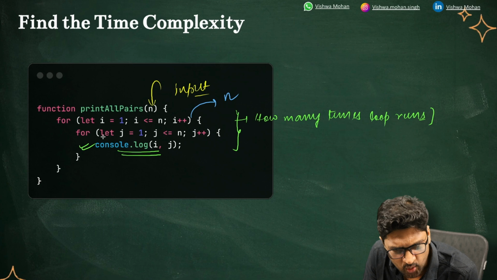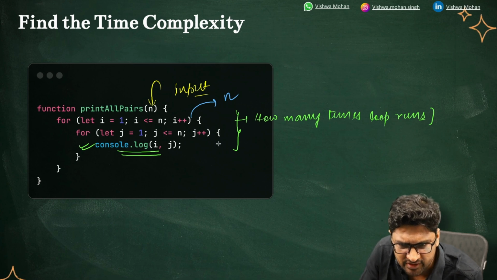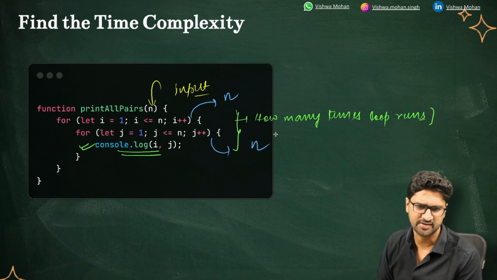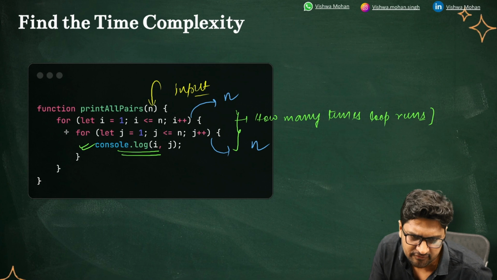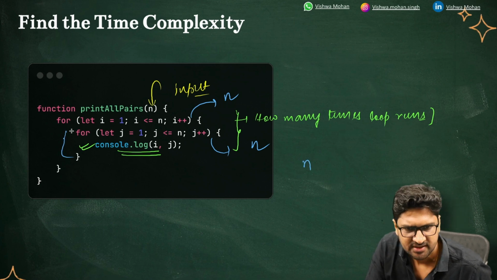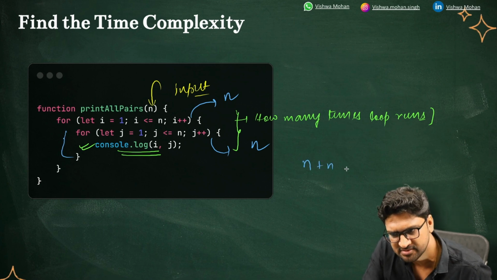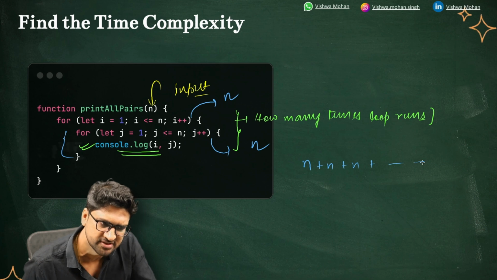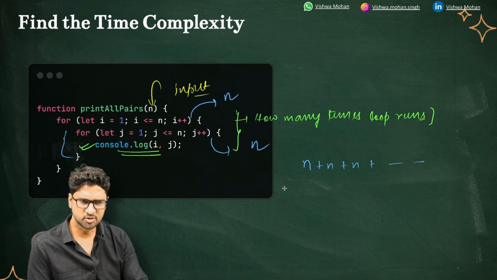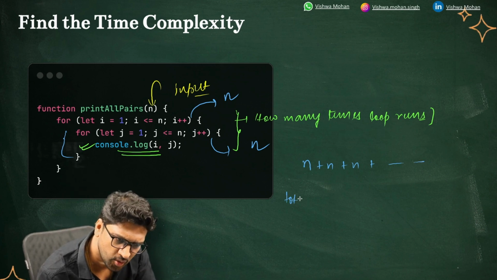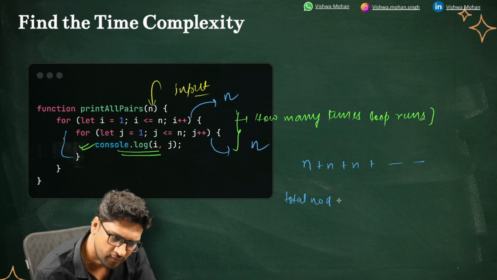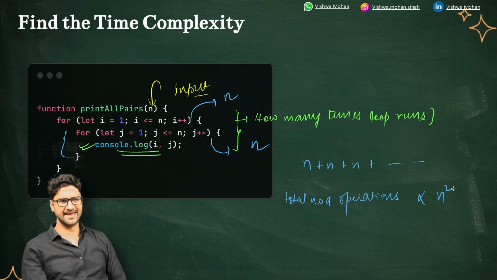And for each outer iteration, this inner for loop will also run n times, right? So the first time this inner for loop runs n times, then again the outer loop, then n times, and this goes on. So total number of operations will be proportional to n square.